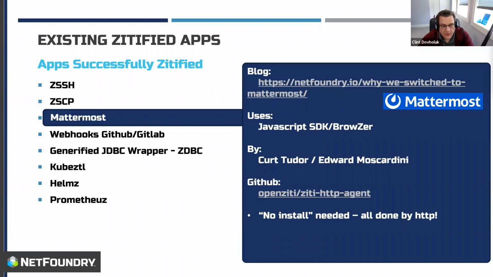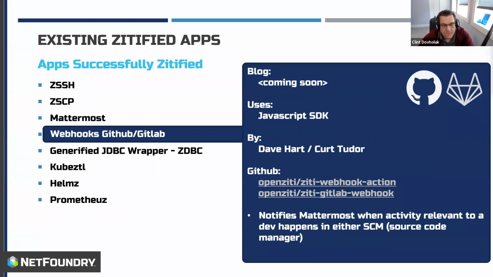Mattermost. So here at NetFoundry, we chat, and when we chat, we don't use Slack. We actually use Mattermost, which is a cool chat app that is exactly the same as Slack, but totally protected on a ZD network. Part of being a developer is getting notifications when people push or make commits or whatever.